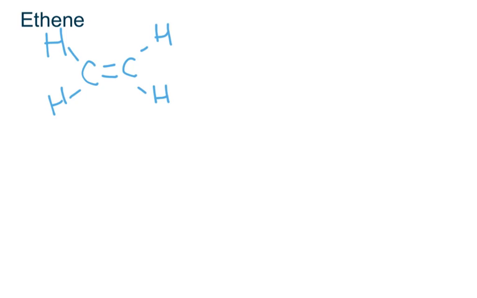So since the number of areas around the central atoms, the carbons, has decreased, the hybridization is a little bit different than it was in ethane, which had all single bonds, and each carbon had 4 areas of electrons around it. Each of these carbons only has 3, so each carbon has sp2 hybridization around it.